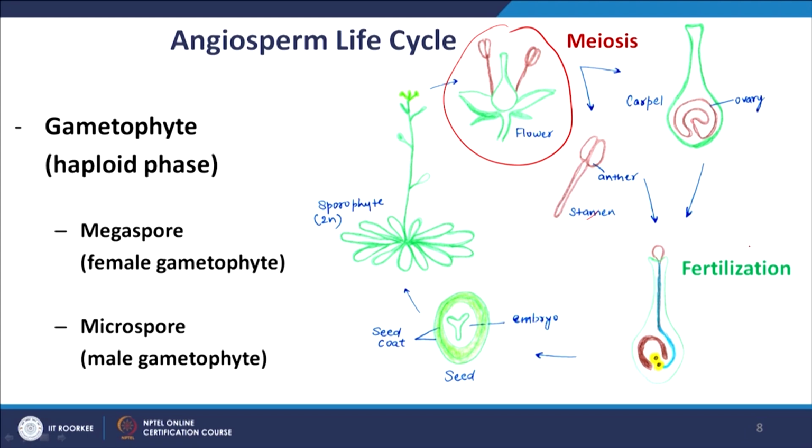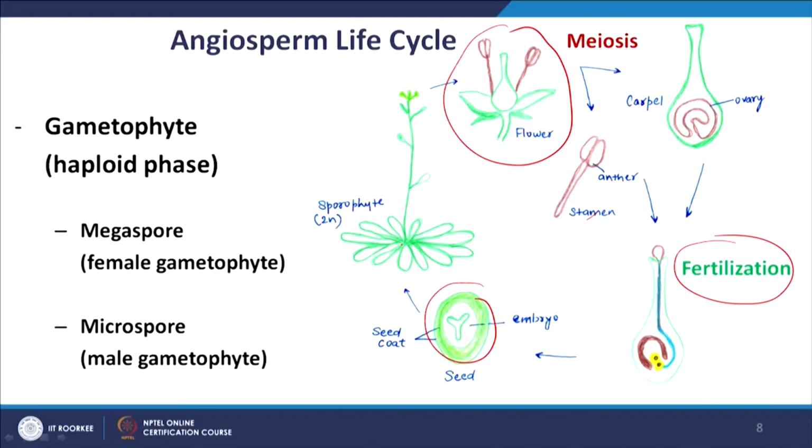When they undergo fertilization, they make a seed which contains an embryo, and the seed has all the information, all the basic body plan, in the embryo, and when we take the seeds and germinate them, they make the complete plant.